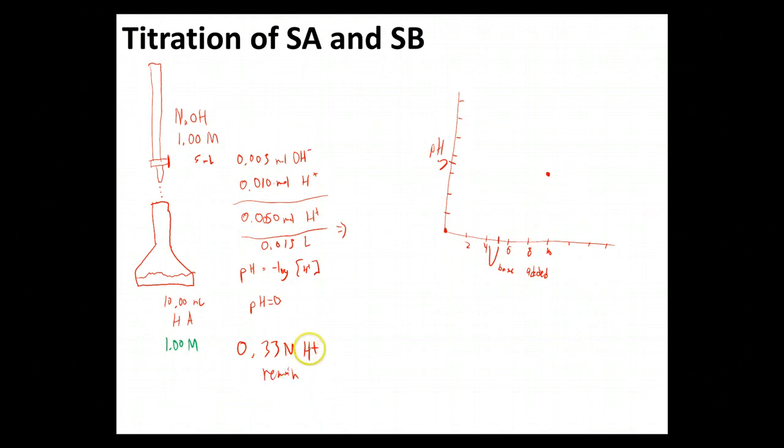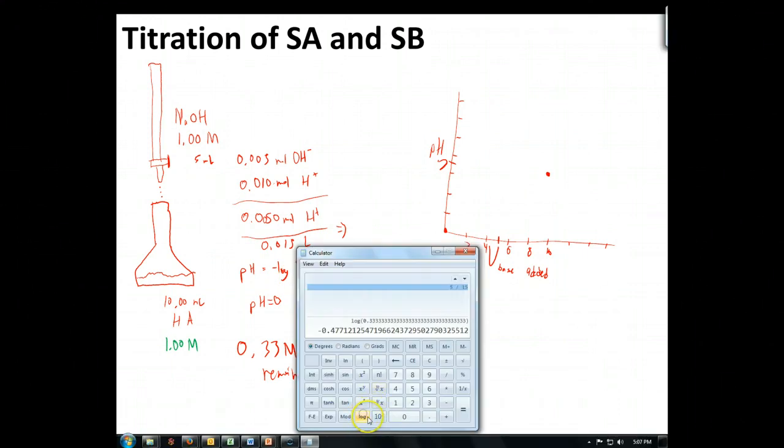Now we put that into our pH definition. We hit the log button, then take the negative of that, and there we are. We have 0.48 pH.